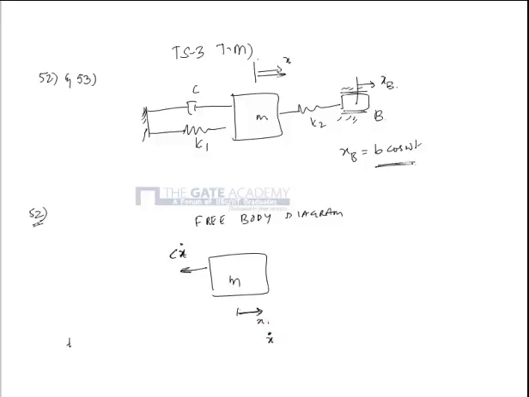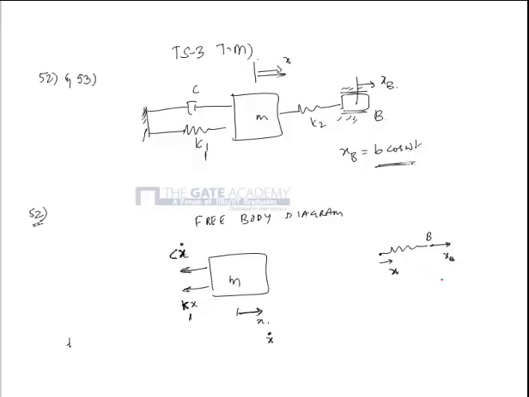The damper exerts a force c x dot opposite to the velocity direction, and the spring K1 will exert a force K1x in the opposite direction. Now coming back to spring K2, it is stretched by xb at point B and near the mass because the mass is displaced by amount x.